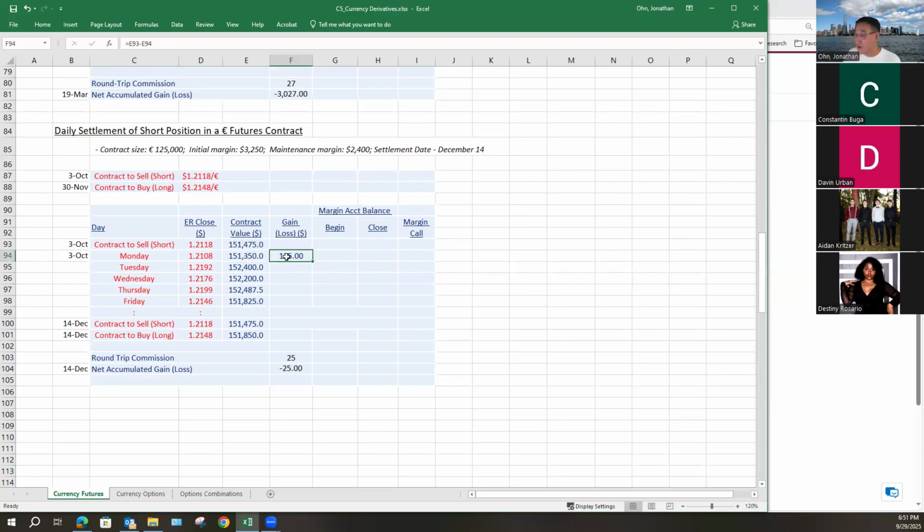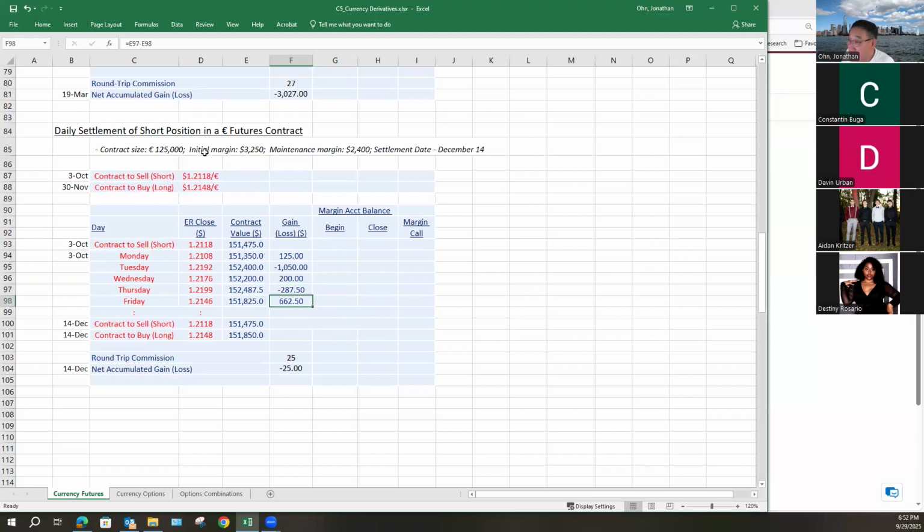So on Monday, based on the closing exchange rate, you got a $125 gain. You do the same way for the other days. We have a loss on Tuesday, gain on Wednesday, loss on Thursday, and gain on Friday.